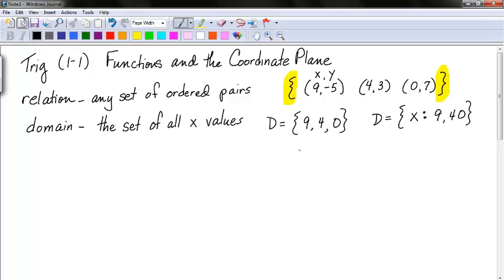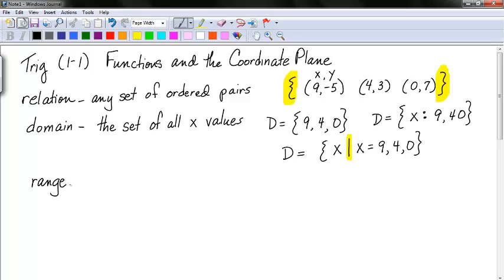Another author might write it with a vertical line, which is also read as such that: the set of all X values such that X equals 9, 4, and 0. So any of those will work. I just want to show you because different authors write it differently.